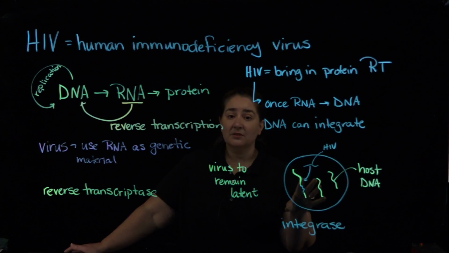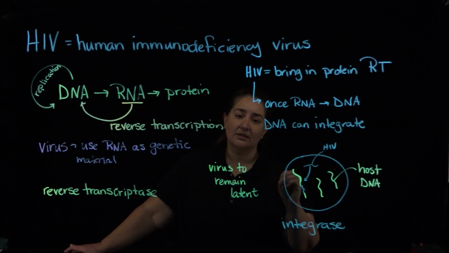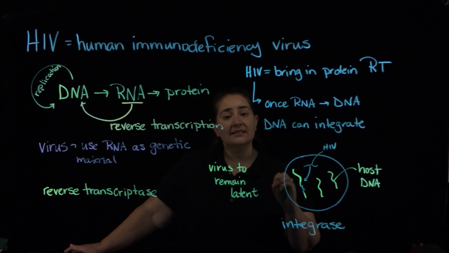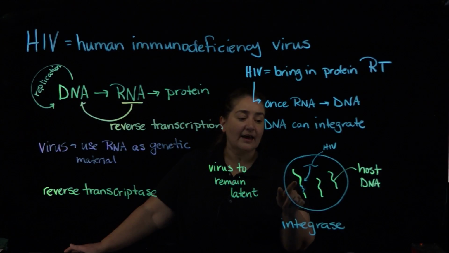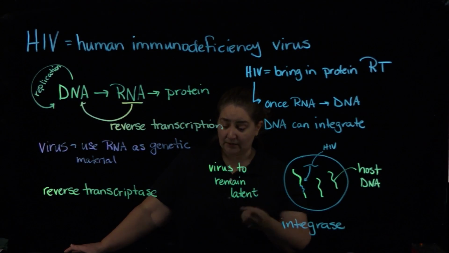Some people won't show symptoms for a year, 5 years, 10 years down the road, because that HIV viral DNA integrated in a place in the genome that isn't actively undergoing transcription and translation. So it kind of lays dormant. But things can change in the cell as environments change. If that region then is transcribed and translated, that cell will start making viral protein, just like it's making the proteins that the cell normally would need, okay?